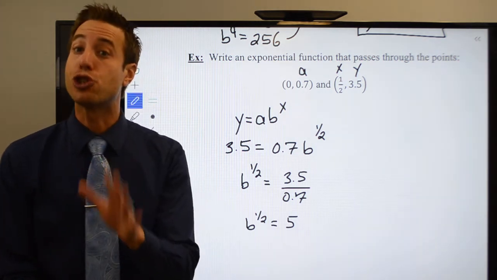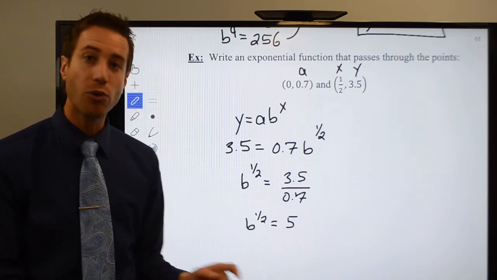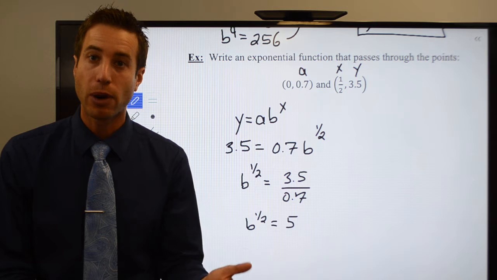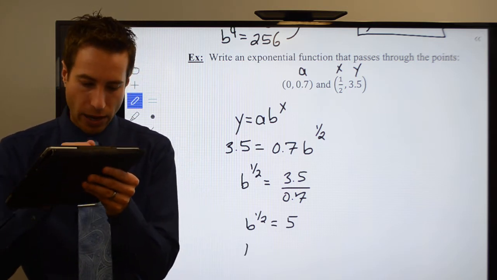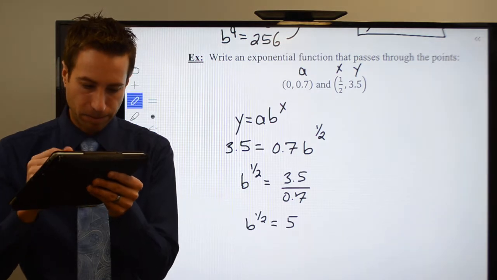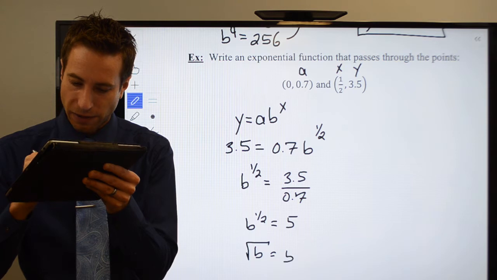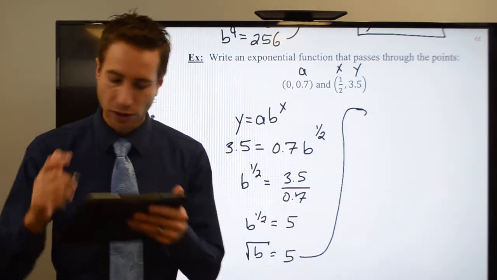Now, again, you should recognize this from the previous chapter. We know that anything raised to the 1/2 power, well, the 1/2 power simply represents a square root. So this actually is the square root of b is equal to 5. Let me come up here so you can see my work better. Square root of b is equal to 5.